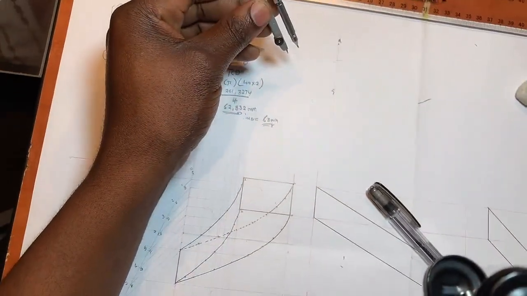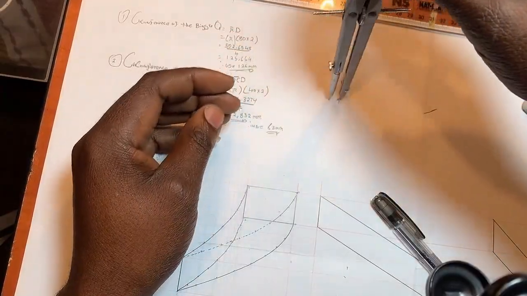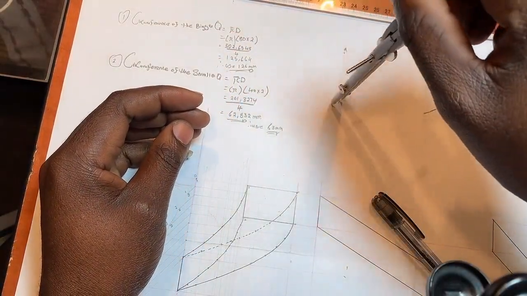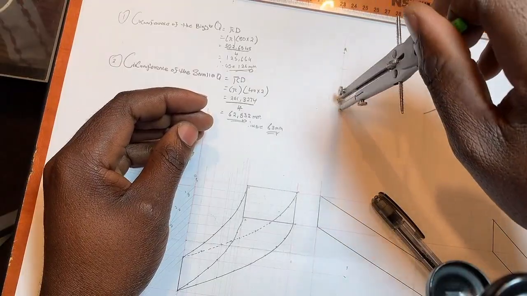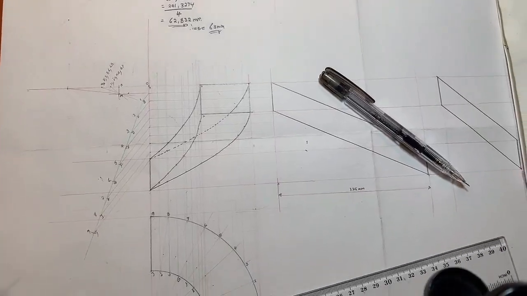Then you come to your development side, and then you can place it at J. Strike an arc this side, or just to mark. You understand? Then now come back and what now?